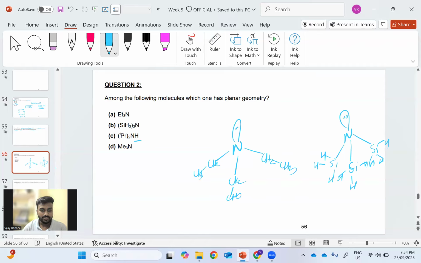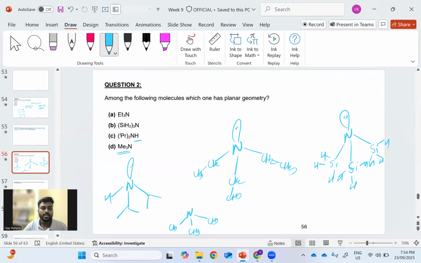Then we have nitrogen with a lone pair of electrons, one hydrogen, and two isopropyl groups. And the fourth one is nitrogen with a methyl group.